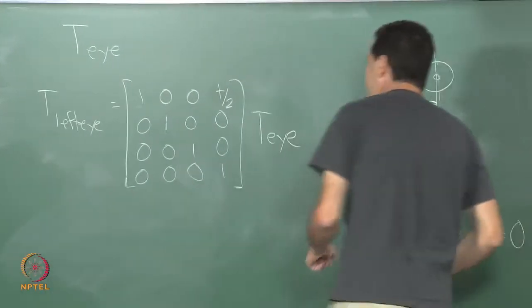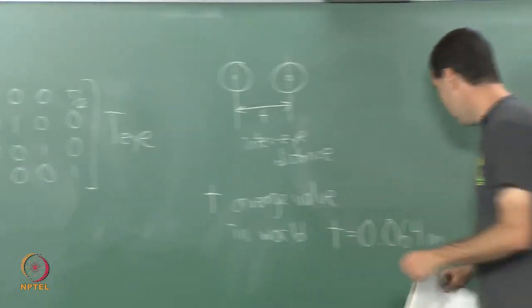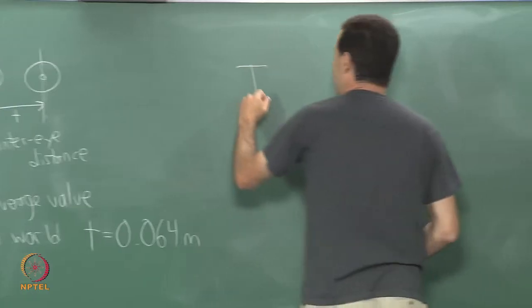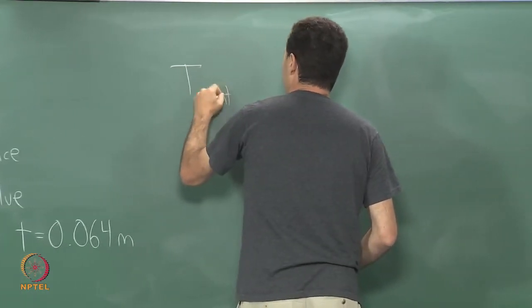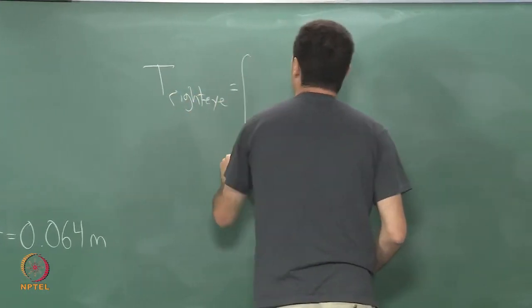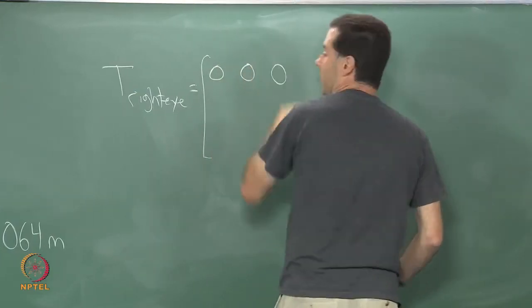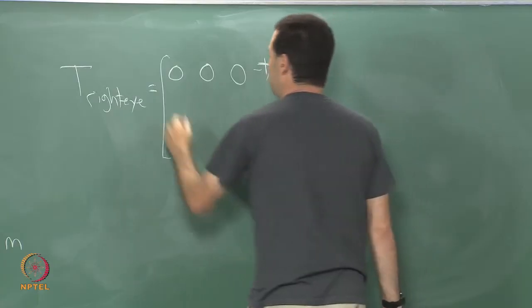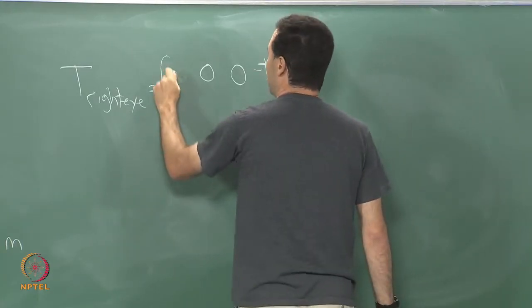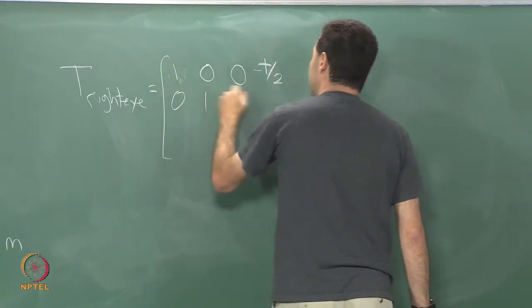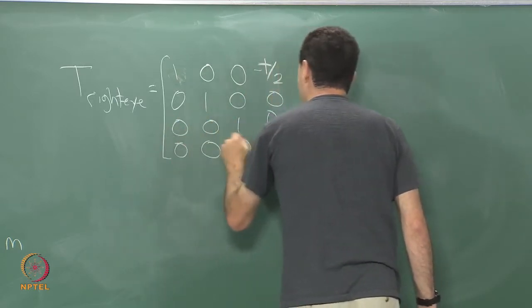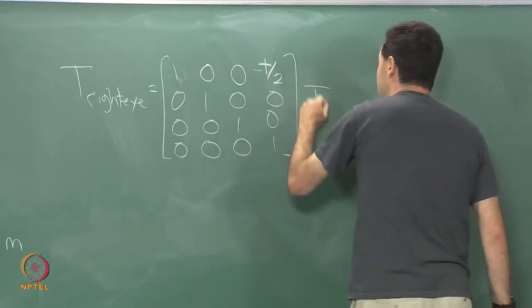So that's T left eye, and for T right eye, it's just the other way. We just use the other sign. We just put minus T over 2 here, and then fill in the rest of the identity matrix, and put TI here.